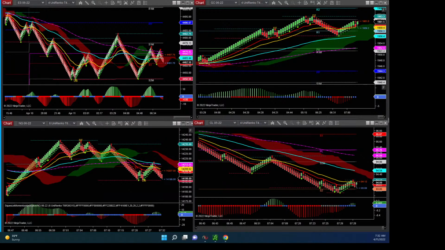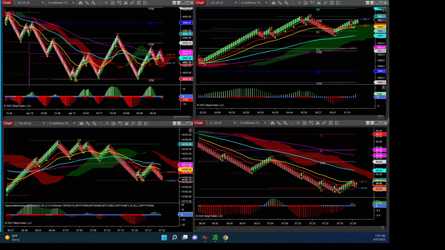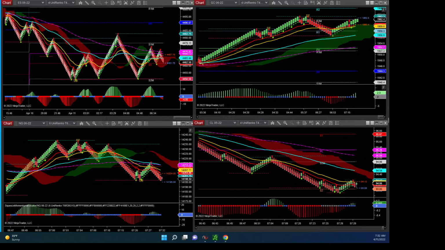Already made a reset of this divergence here. Yeah, keeps going up. Didn't take that one.